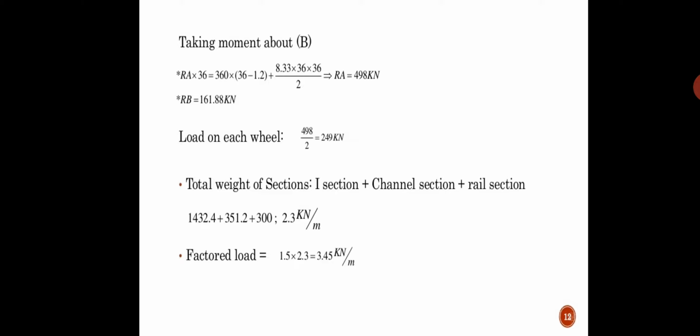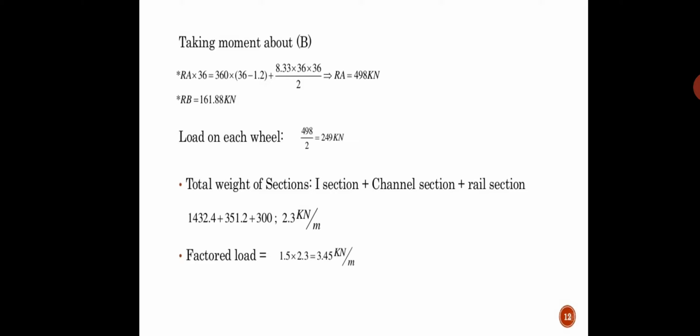Now taking moment about B, we can find out RA and RB. First we find RA, taking moment about B. So RA is equal to 498 kilonewton and RB is equal to total load minus RA, it means 161.88 kilonewton. Now we calculate the load on each wheel.